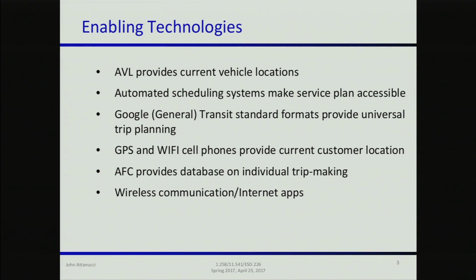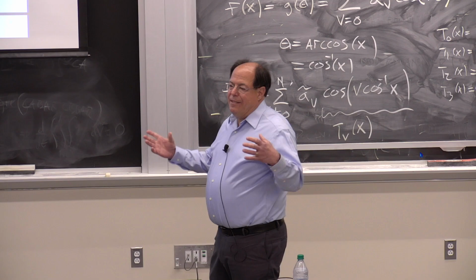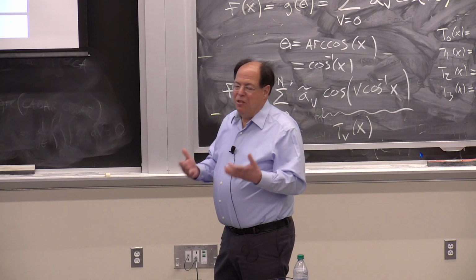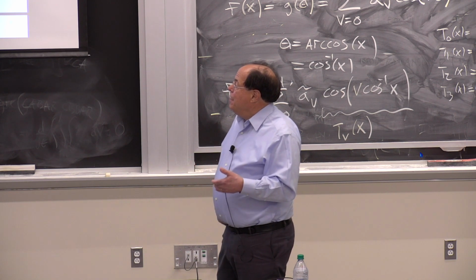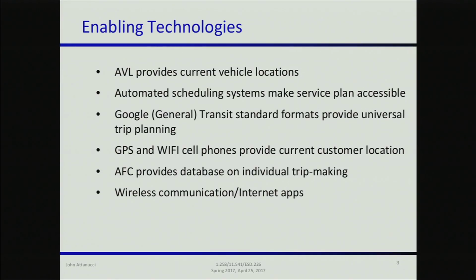Automatic vehicle location systems, automatic scheduling systems, so that the whole data of the mission of the transit agency is now in digital form, and more generally is available to the public through what used to be called the Google Transit data feed, and now it's the General Transit data feed, because basically everybody adopted what Google started, and it provides universal formats that all the transit agencies have basically converted their data to.